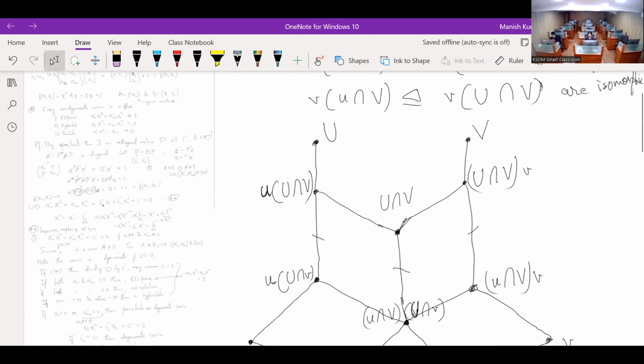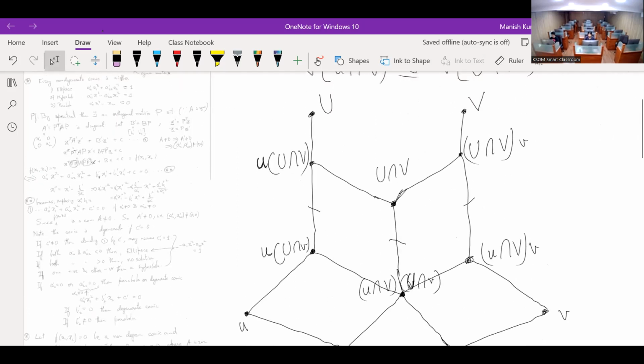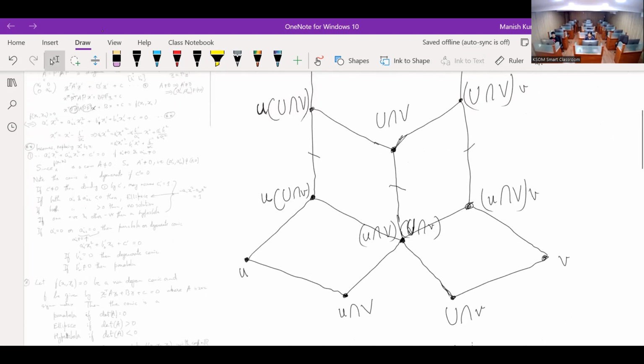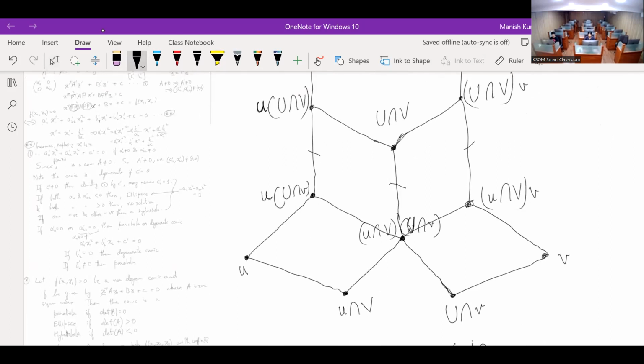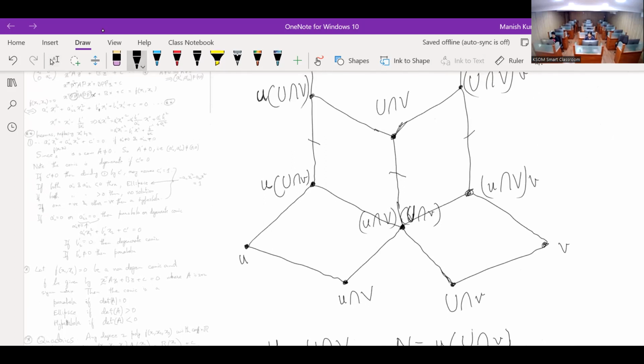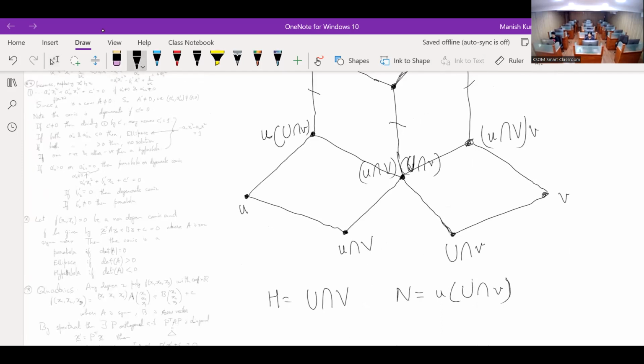So how do we prove that? As I said, we'll use the third isomorphism theorem. So you take H to be this group, U intersection V. And N to be, which one am I taking? N is this one. N is U times U intersection V. So this guy here is N. So what does the third isomorphism theorem tell us?